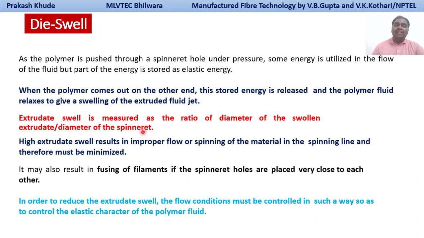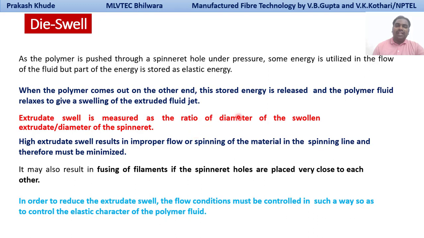Die swell is measured as the ratio of the diameter of the swollen extrudate divided by the diameter of the spinneret orifice or die.